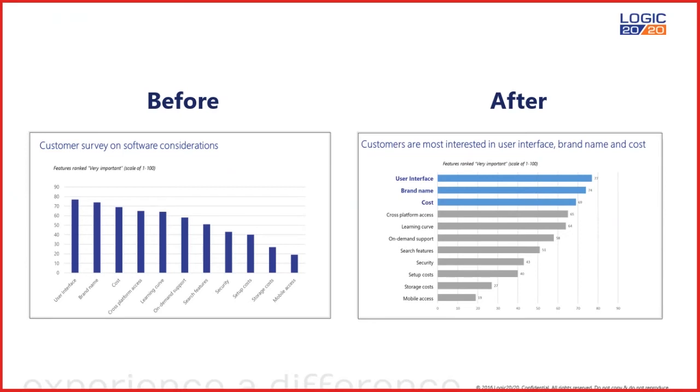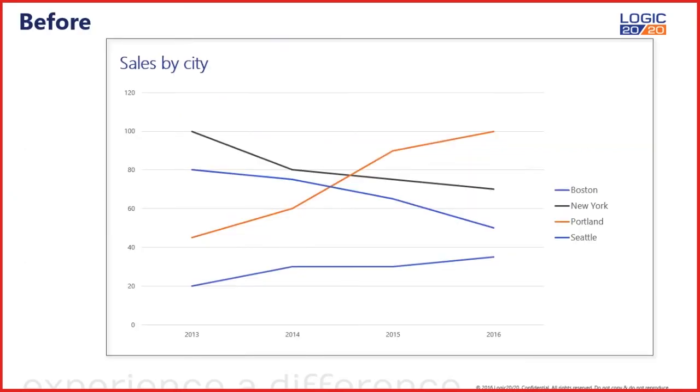Let's look at an additional example. So here's another doozy. You've probably all seen one like this or maybe even made one before. Again, we're really putting a lot of responsibility on the audience to pull the story and info out of the chart. We've got another really ambiguous title, and we're asking them to not only consume each line of the chart, but also look at our corresponding legend to figure out what they're actually looking at.